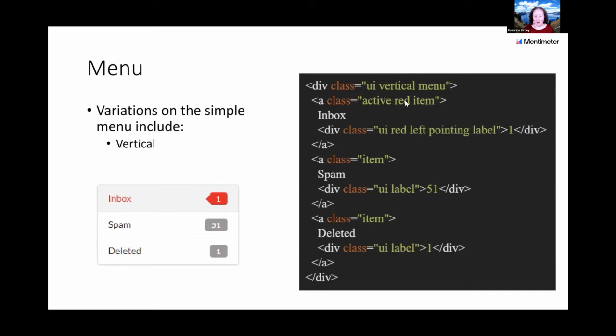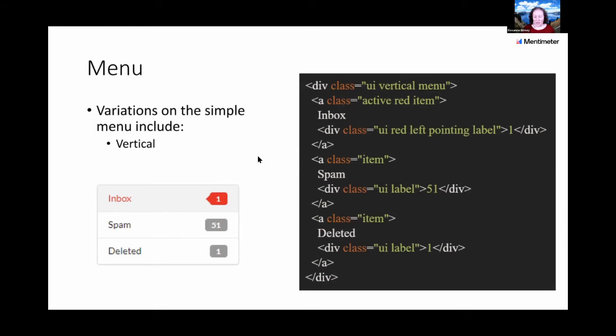And the fact that we've said red as well, it also highlights it with a red text and a red label. We often want to do that to highlight the active one, so it shows the user which page they're on, or in this case, which part of their email they're in, and so on. Hopefully that makes sense about active items.